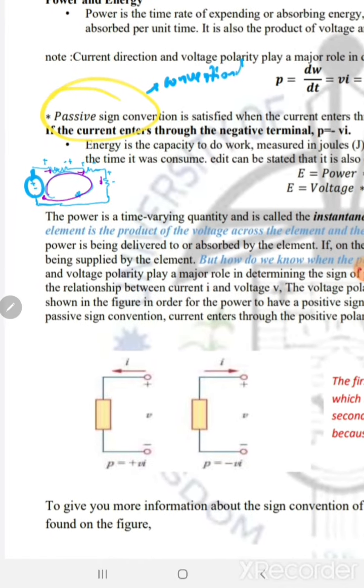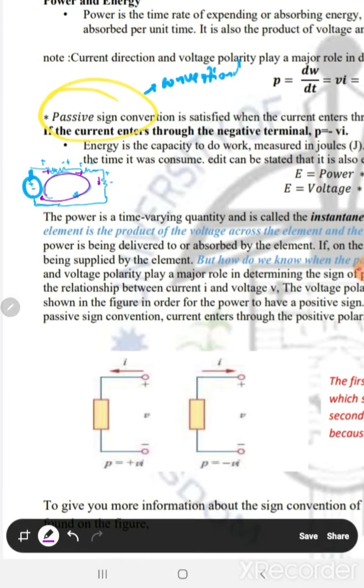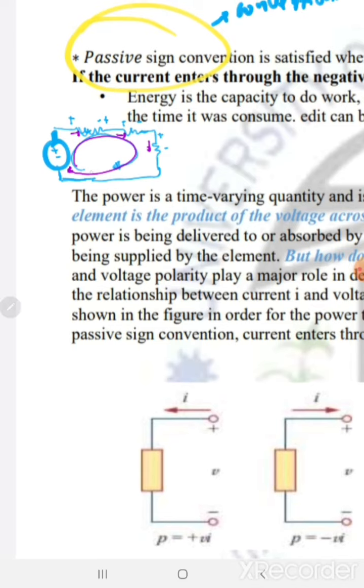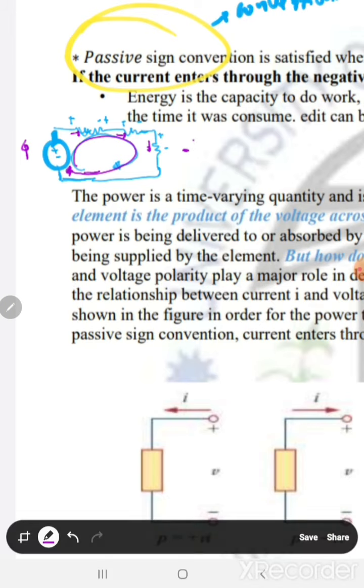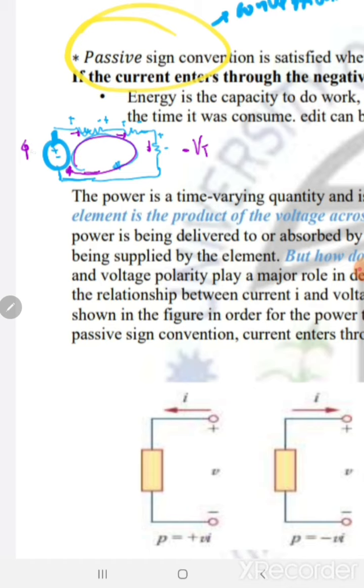Therefore, if you are getting the passive sign convention, letting this be the direction of your current, we'll have negative V1 or your V total plus V of your resistor 1 plus V of your resistor 2 plus V of your resistor 3.